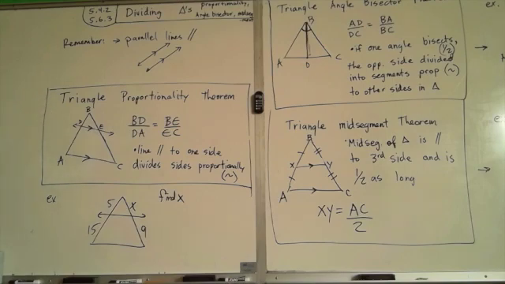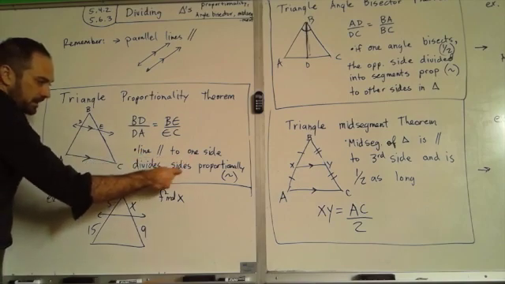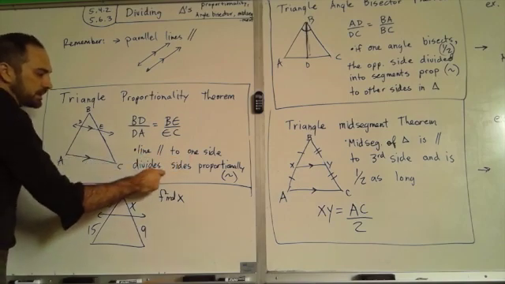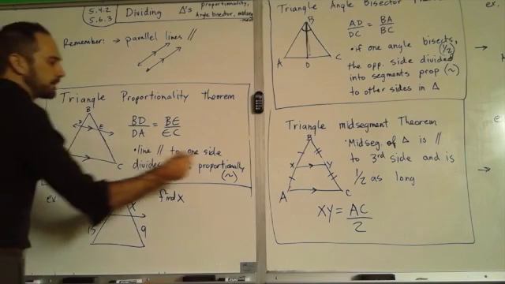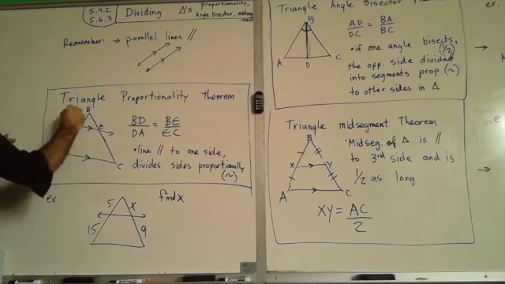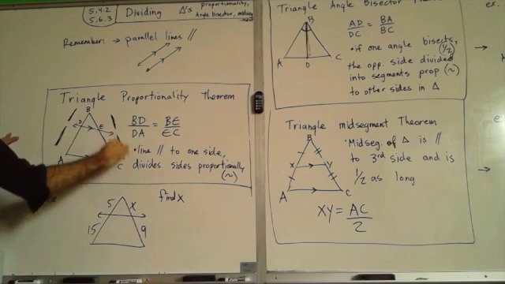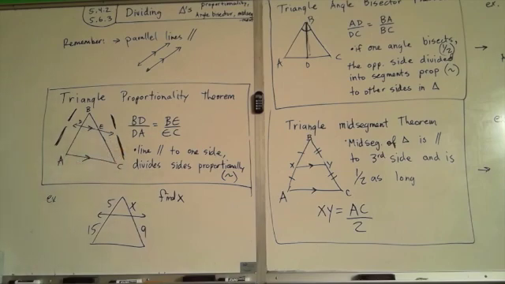All right, so to start, we're looking at the triangle proportionality theorem. What this is saying is that lines that are parallel to one side divide the sides proportionally. So we're talking about creating two similar triangles based on the parallel line that intersects with the triangle. What we can see here is that on the left side, BD, we're going to create a ratio of BD over DA, and that's equal to a ratio of BE over EC.